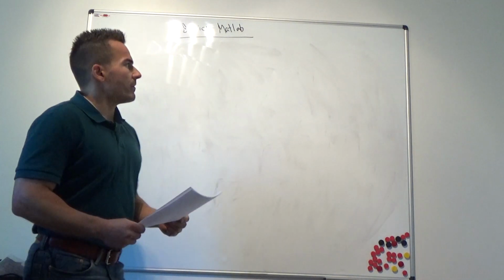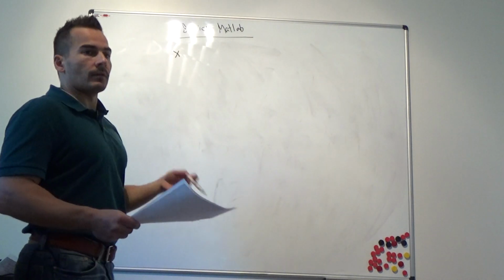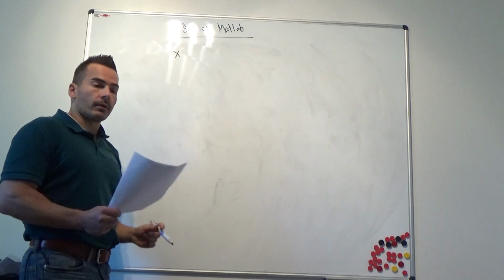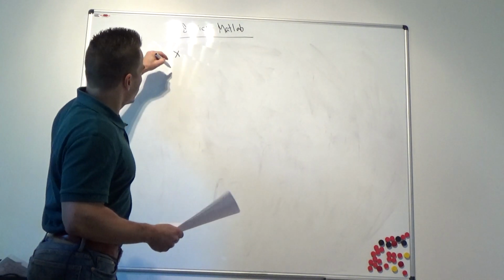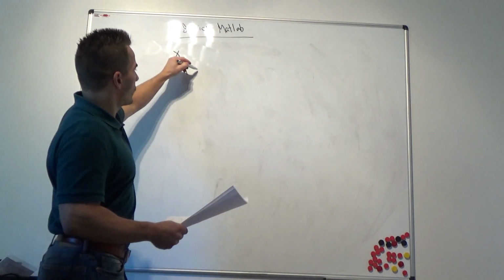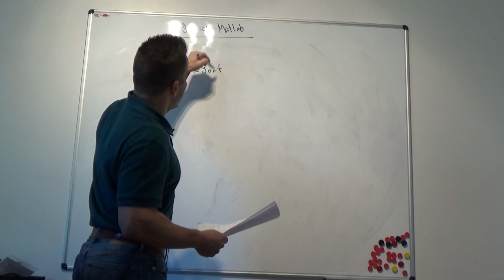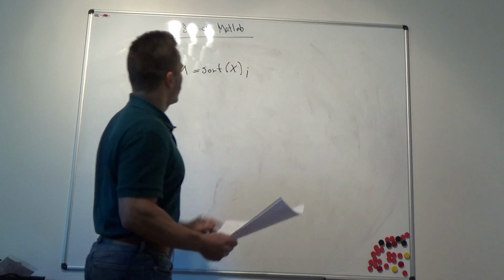Let's say we have a vector x. This is already defined in the system, it's a T by 1 vector, and we want to sort it in increasing order. So the corresponding command in MATLAB is: we define the vector x1, which should be the sorted vector x, and the command is just sort, parentheses, x.